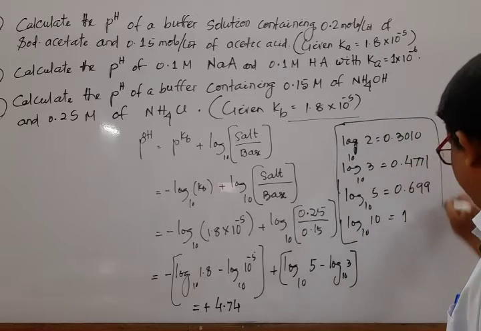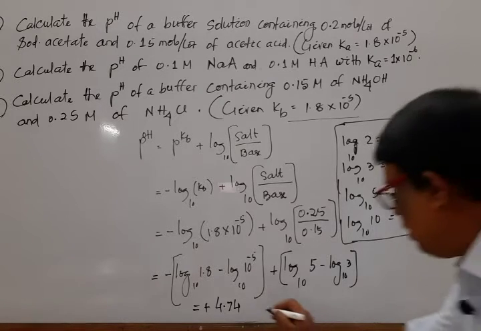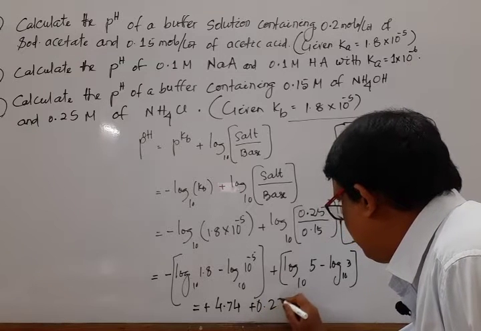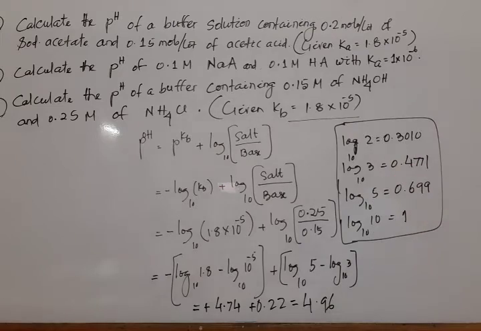We have to remember this data. On solving, this value is equal to 0.22, and adding 0.22 gives 4.96. So this one is equal to pOH.